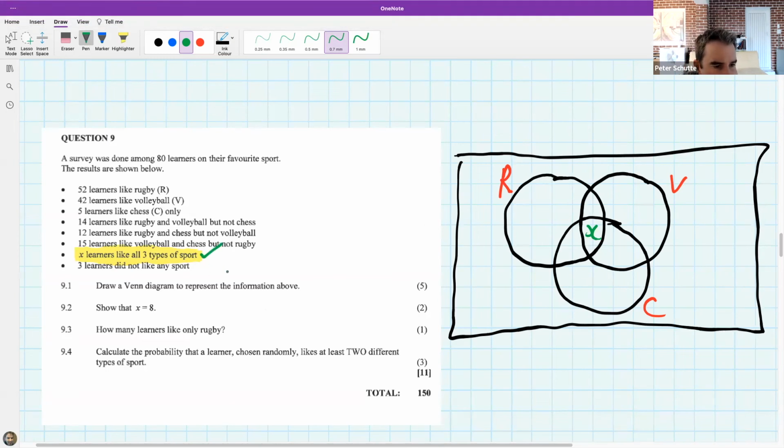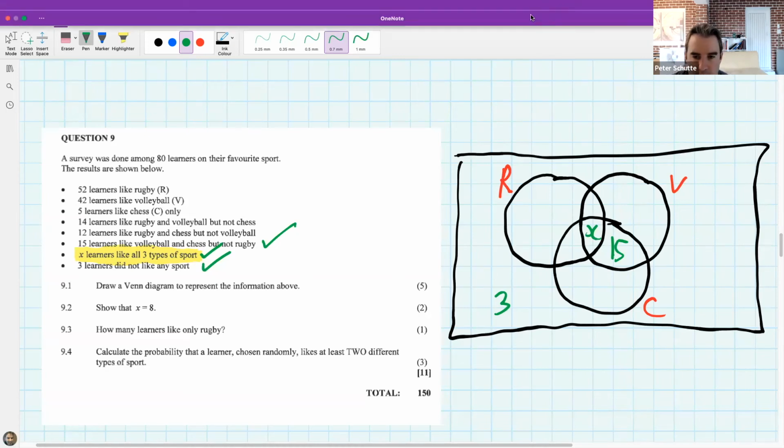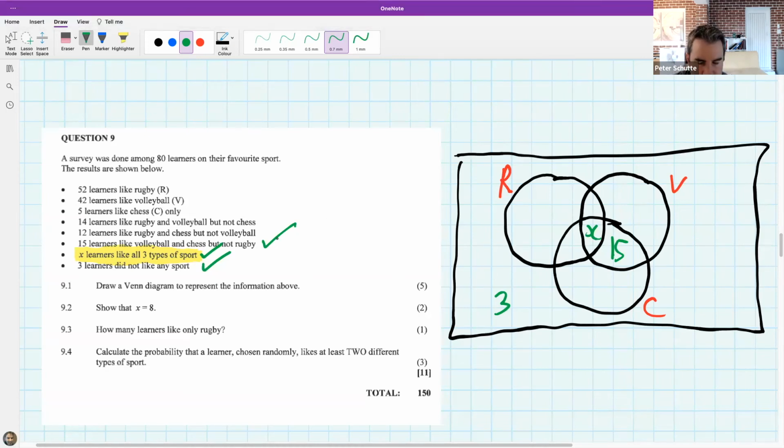We've done that one. So what I'm doing is I'm ticking off the regions.